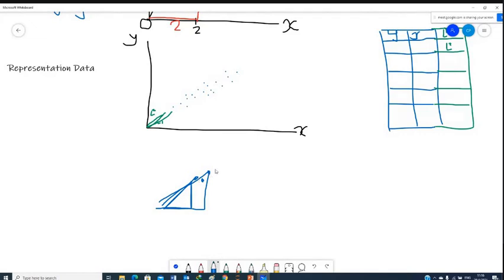If I know the distances between these different points, it's now easier for me to create the best possible line of fit for those data points, without plugging in a formula, just by looking at the Euclidean distance or the L2 norm of those points. So this is what machine learning is all about.